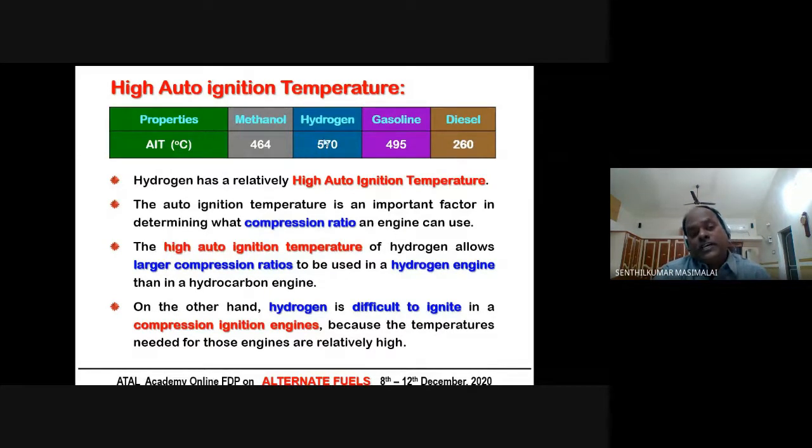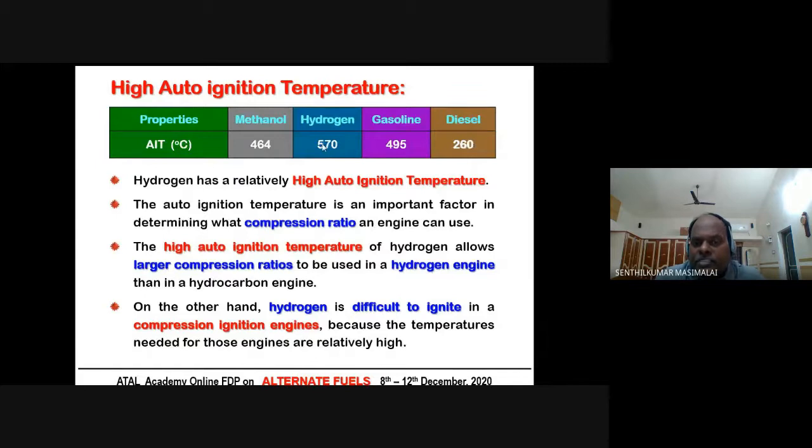From this high self-ignition temperature, we can say that hydrogen cannot be directly used in a diesel engine. Because in a diesel engine, diesel is ignited automatically by the heat of compression. Air is compressed, diesel is injected, and by the heat of compression, diesel is automatically ignited.